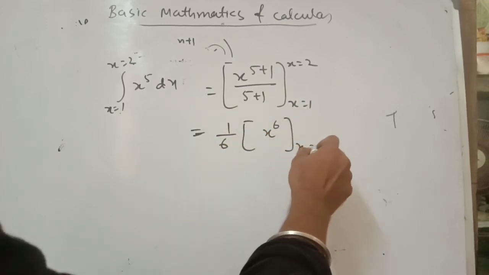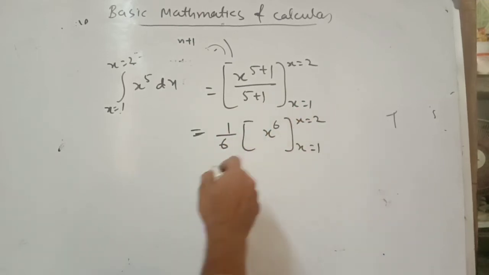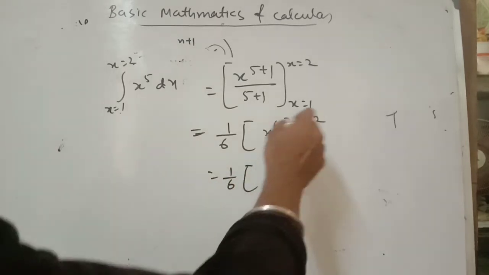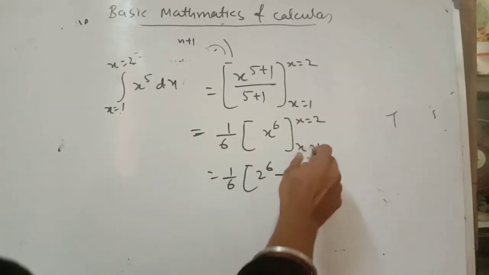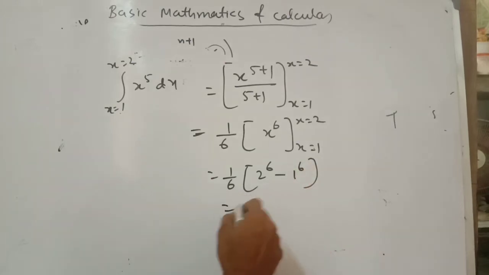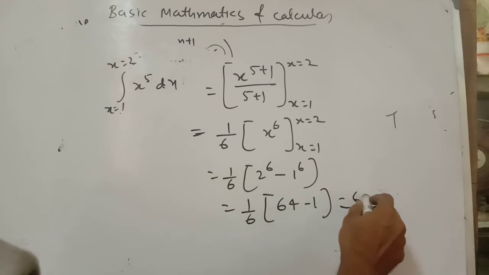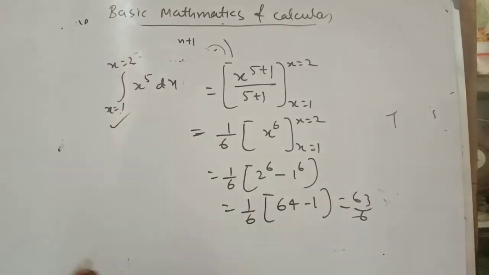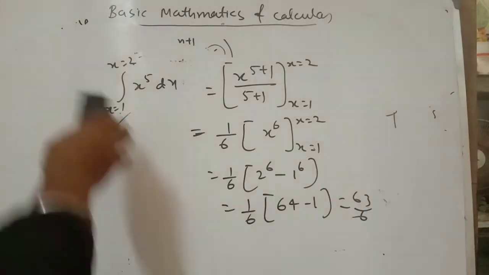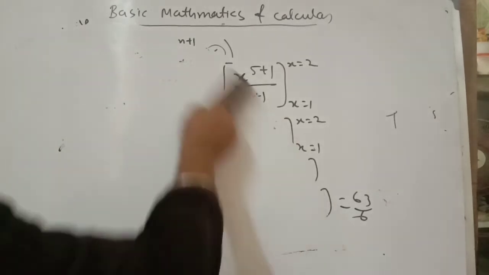First put the upper range value, minus the lower value. This gives 64 minus 1, so 63 by 6 is the value of this integration. So this is the process to find the integration of a given function.